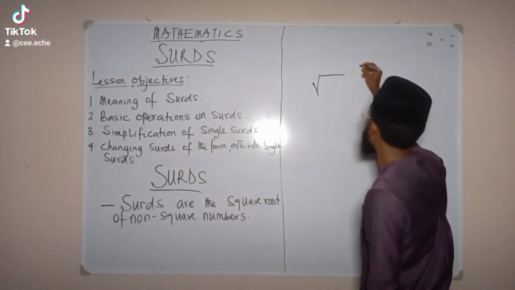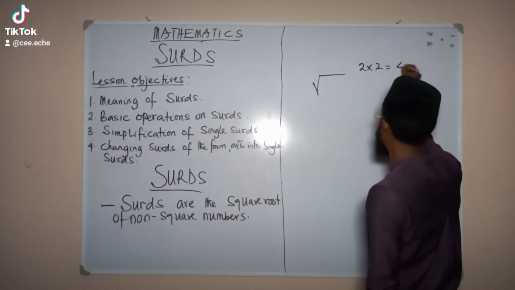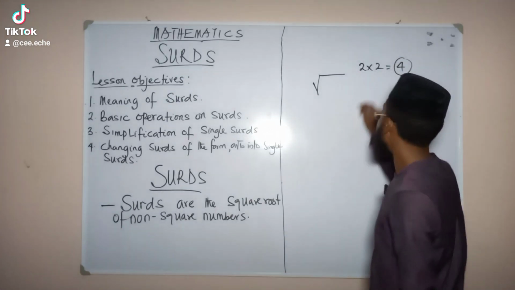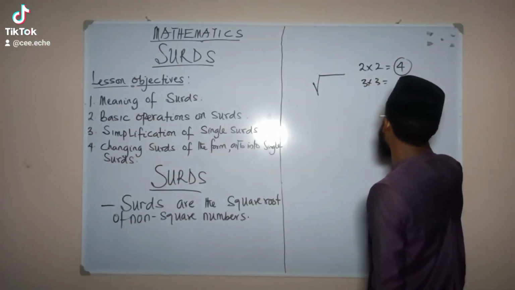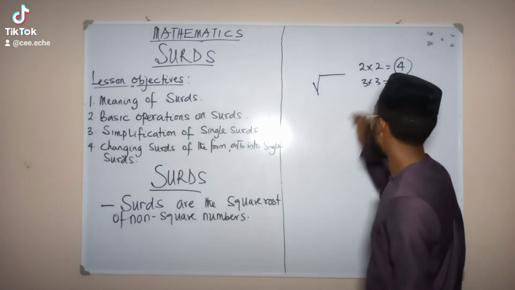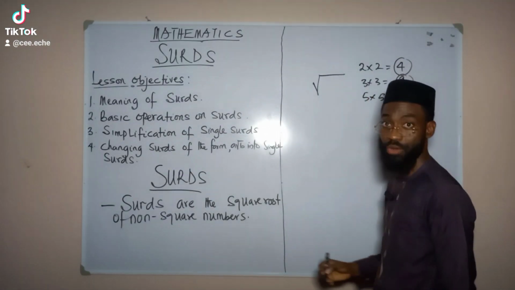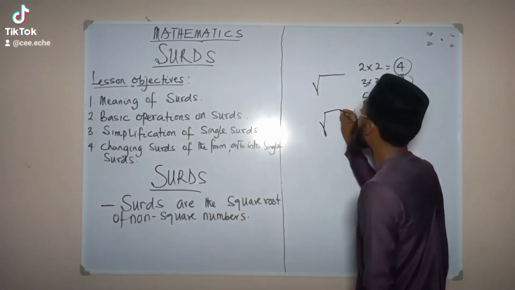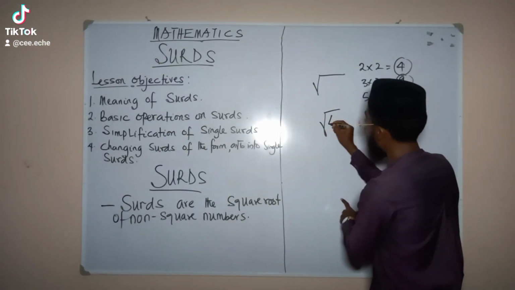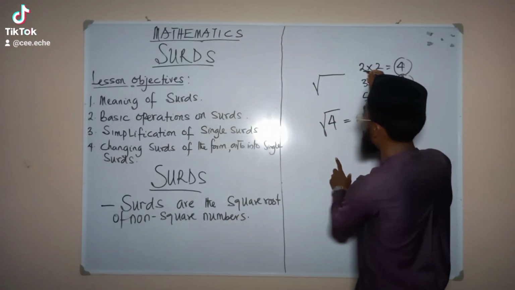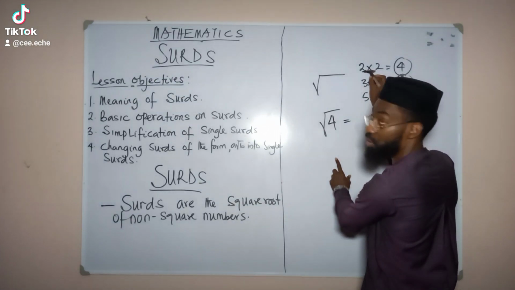Take, for instance, 2 times 2, 4. 4 is a square number. 3 times 3, 9. 9 is a square number. 5 times 5, 25. 25 is a square number. So when you take the square root of square numbers, you will realize that you are going to have back a whole number, which is 2.